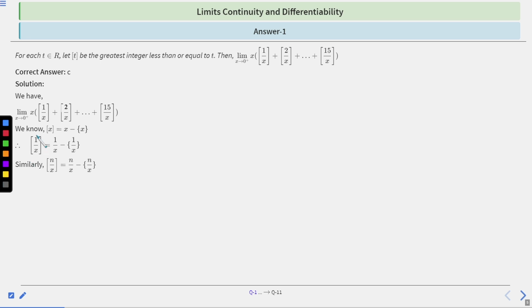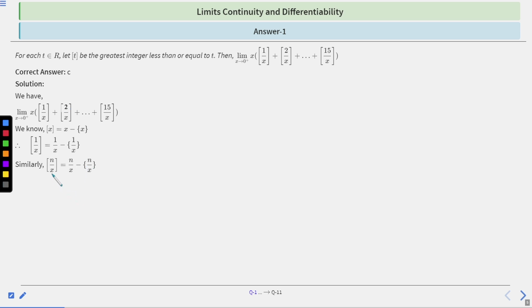See, limit as x tends to 0 plus of x into greatest integer function of 1 by x plus greatest integer function of 2 by x till greatest integer function of 15 by x. We know that greatest integer function of x is basically x minus fractional part of x. Clear? As we have discussed. So greatest integer function of 1 by x can be written as 1 by x minus fractional part of 1 by x.